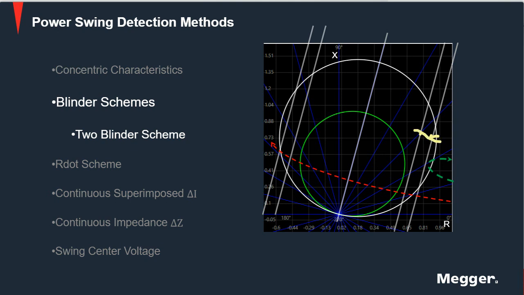We can trip when we are going into the characteristic. We can trip when we are going out of the characteristic. There are pros and cons for each of those schemes.